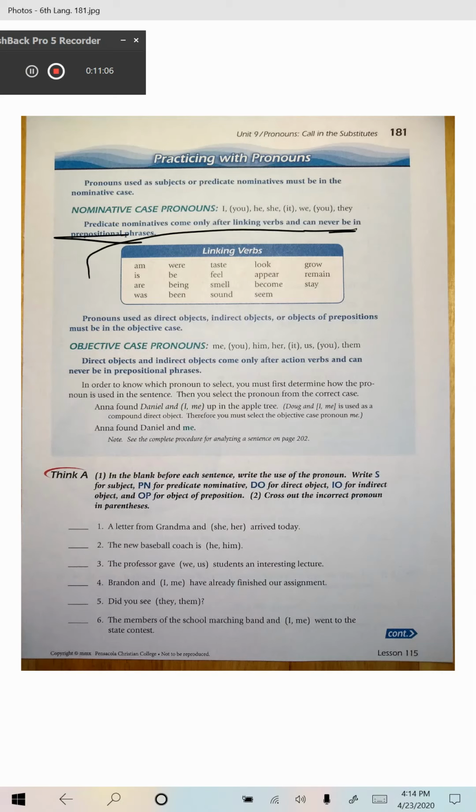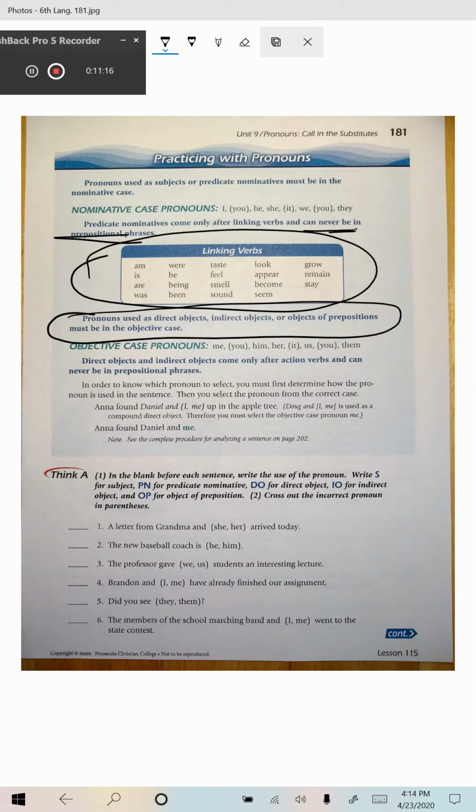So these are the linking verbs. They're not action. Okay, they're just linking the subject to something coming after the subject. Pronouns used as direct objects, indirect objects, or objects of the preposition must be in the objective case. So our direct objects coming after action verbs, our indirect objects coming after action verbs, and our objects of our prepositions, they're the nouns in a prepositional phrase.